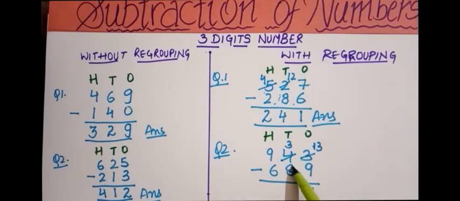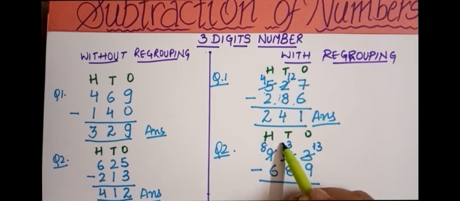Then coming up to the tens column, we have to subtract here 8 from 3. Again it is not possible to subtract 8 from 3. So we will take borrow from this 9. So this 9 will become 8 because 8 comes before 9. So 100 is mixed up here.